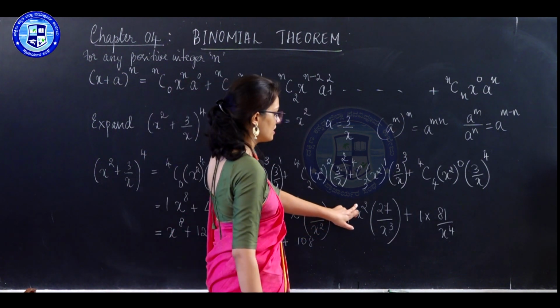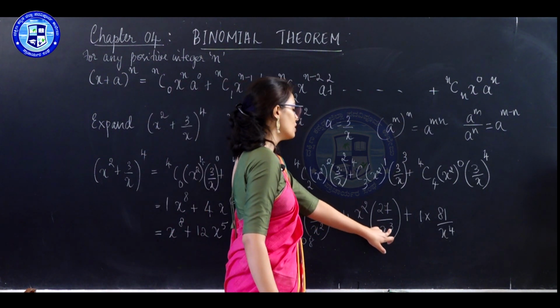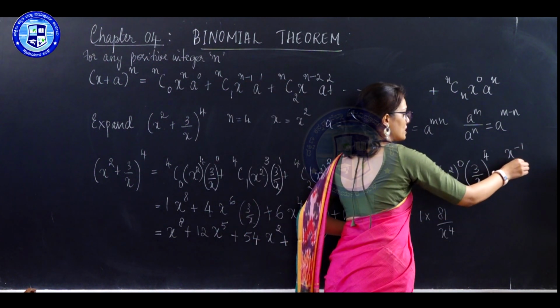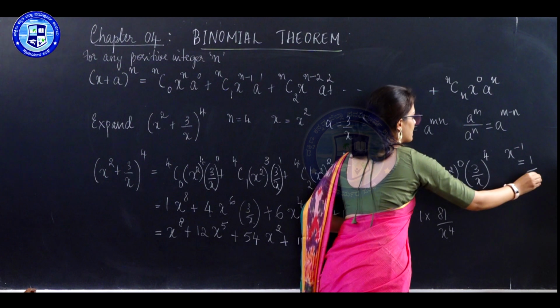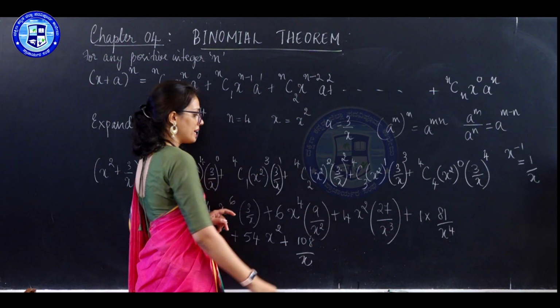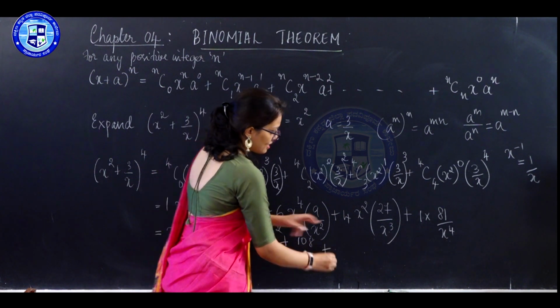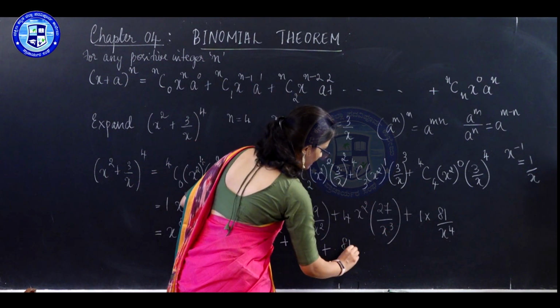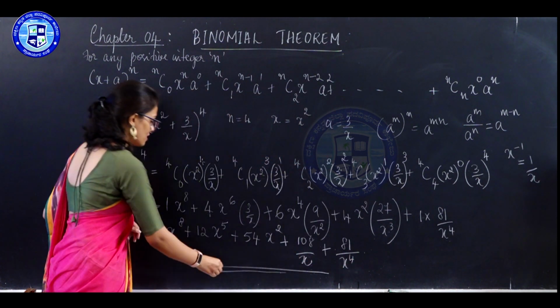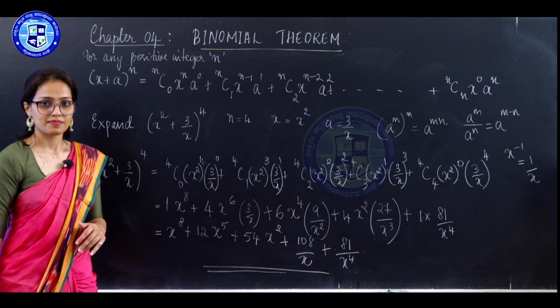What will happen here? 2 minus 3 will give us minus 1. So, we know x to the power minus 1 is nothing but 1 by x. So, we can write this as 108 divided by x plus the last term 81 divided by x to the power 4. So, this is our required answer.